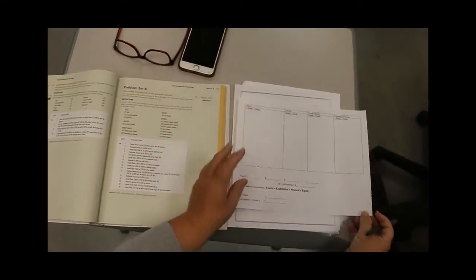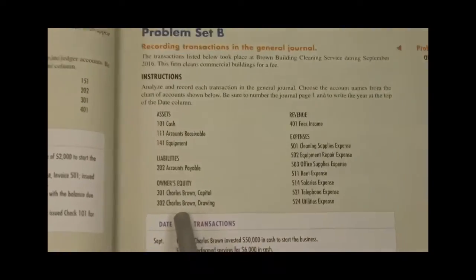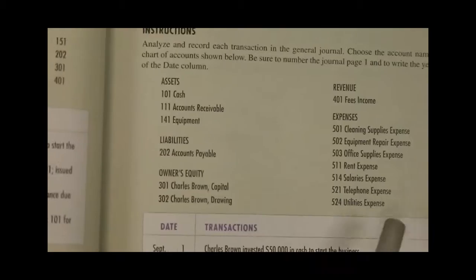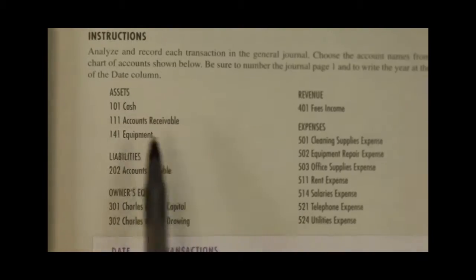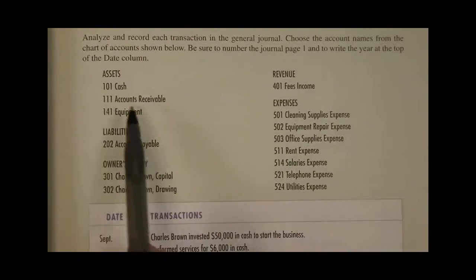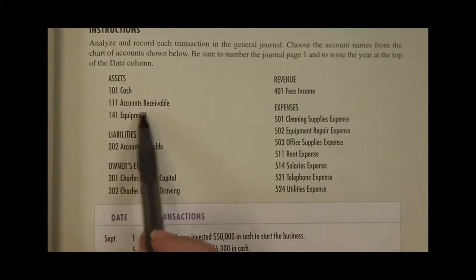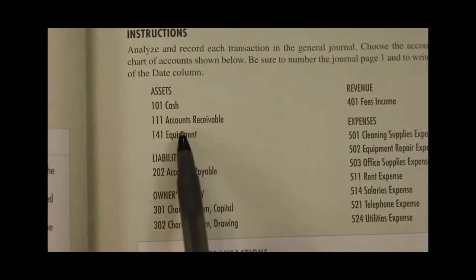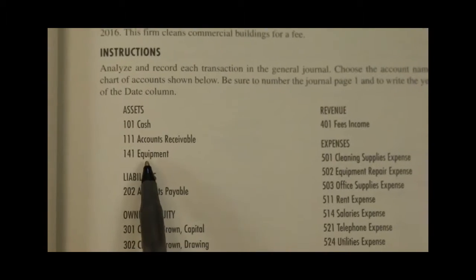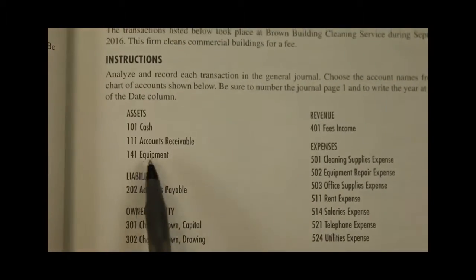Okay. So, the first thing I want you to do is to write down these accounts. And if you need to, stop the video and pause it and write these. So, under assets, and I want you to put them in this order. Assets, there's cash, accounts receivable, and equipment. Cash is 101, accounts receivable 111, and equipment 141.